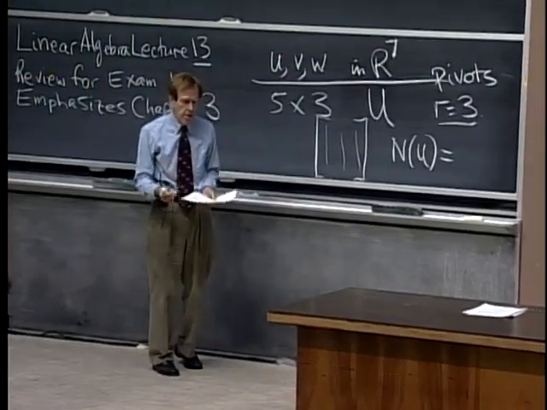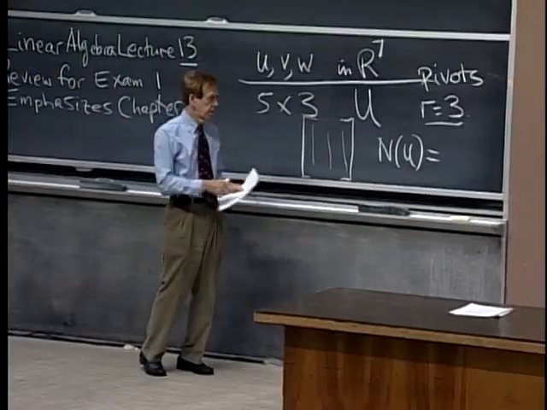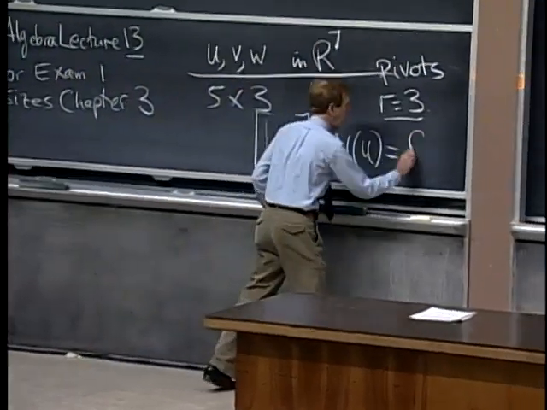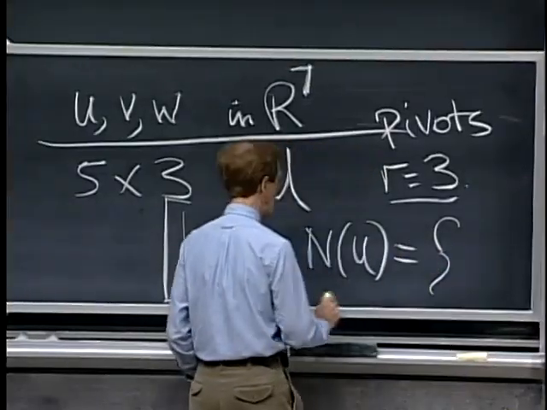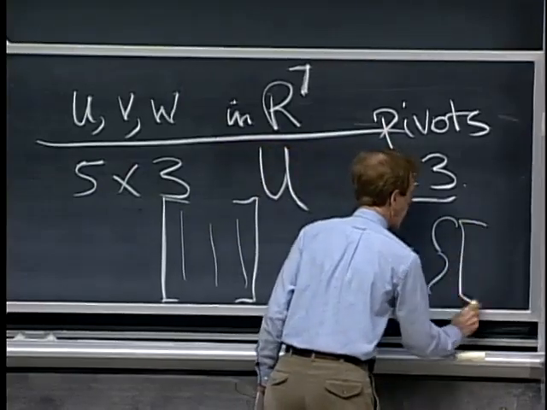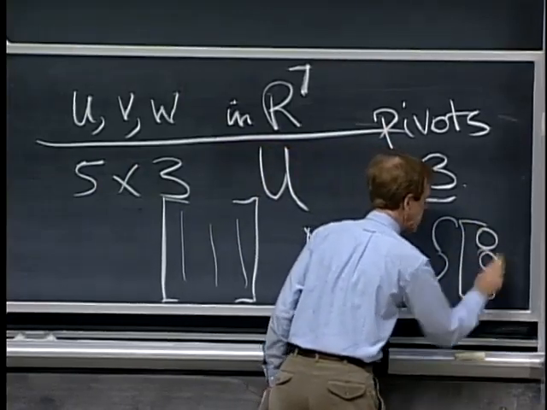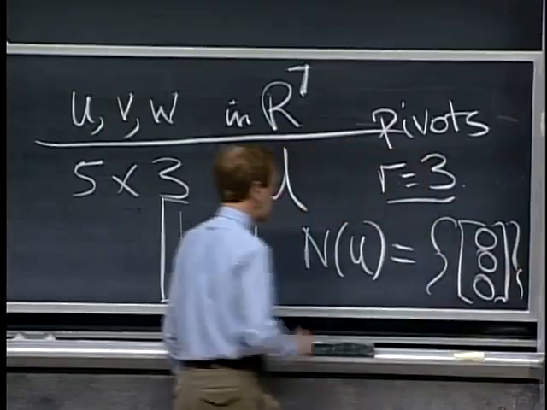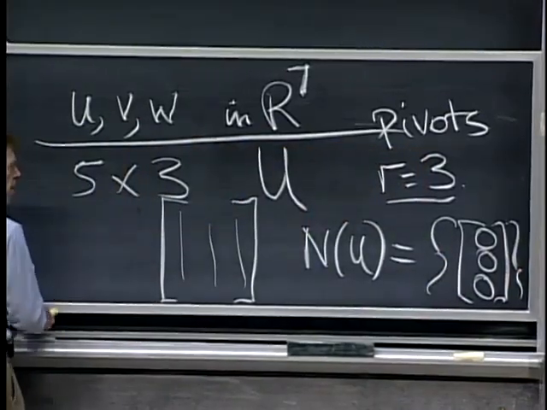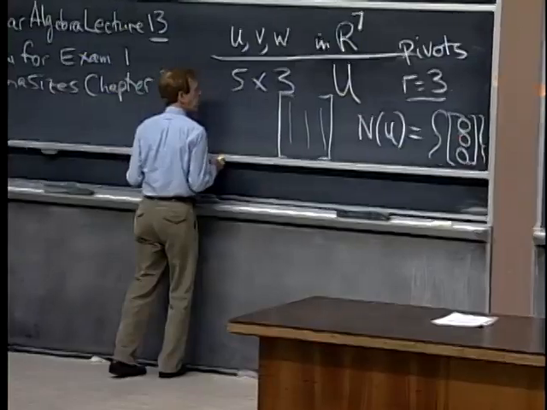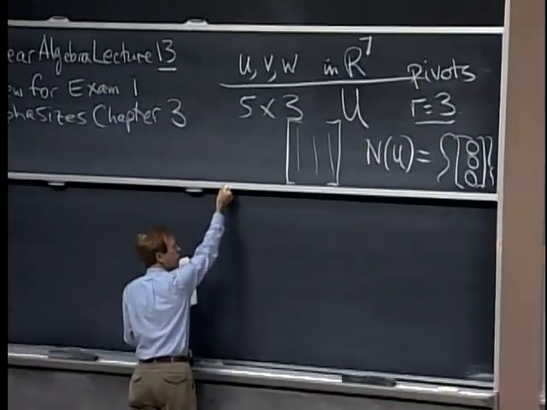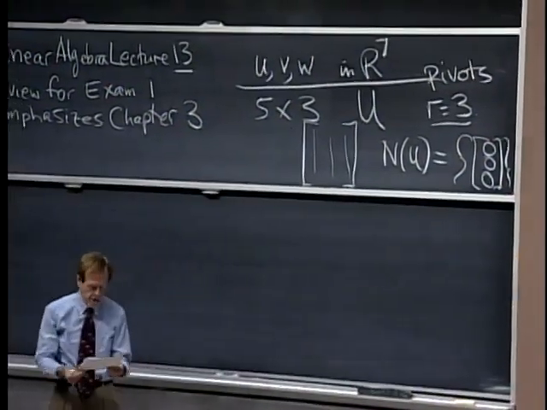No combination of those columns is the 0 vector, so the only thing in this null space is the 0 vector. And I could even say what that vector is, 0, 0, 0. That's okay. So that's what's in the null space.